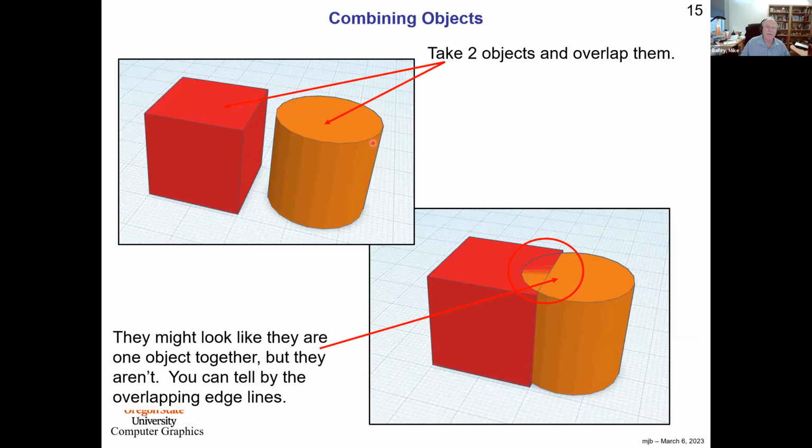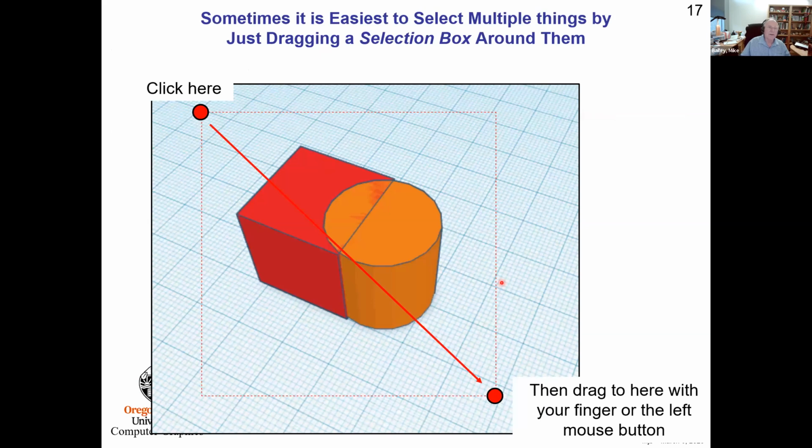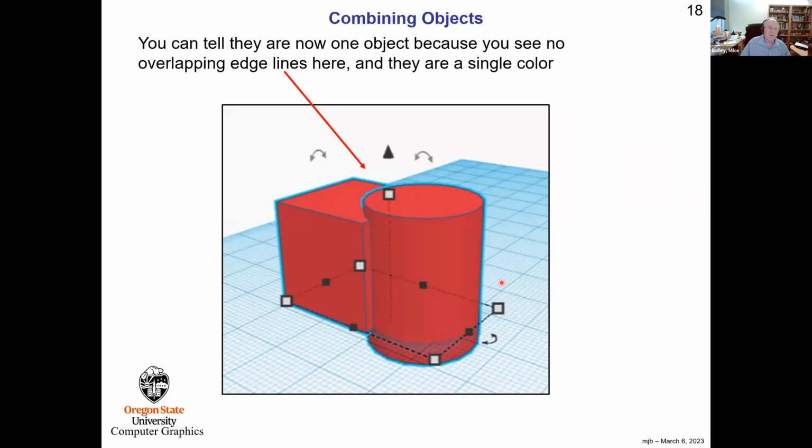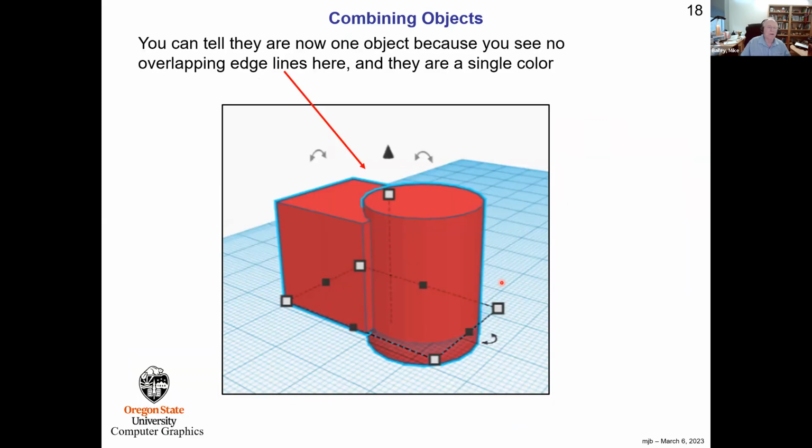Combine them, overlap them. Here is the grouping button, which I think looks like a cylinder and a box grouped together. But you have to click on both objects, or you can surround them with a box. When you click on that, they join together and they become one color.